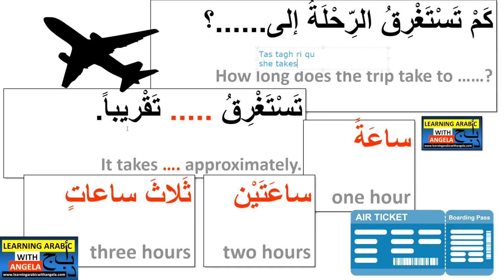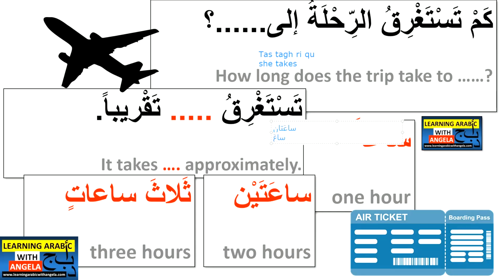ساعة تقريبا. It takes an hour approximately. تقريبا, approximately. Or we can say تستغرق ساعتين in the dual form. ساعتين. So in the dual, it's either ألف نون, so ساعتان, or it could be ساعتين.